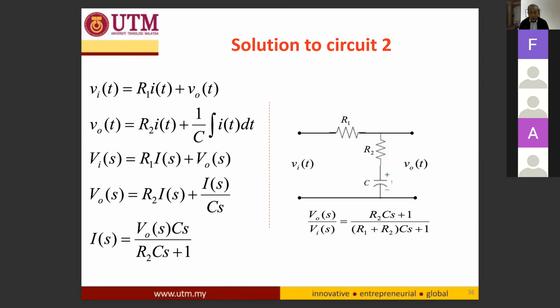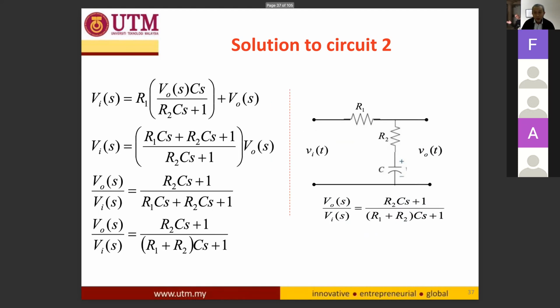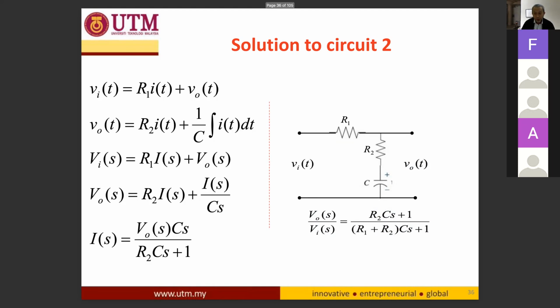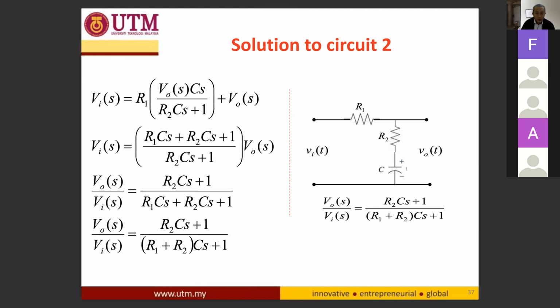So we obtain V0 over Vi equal to R2 CS plus 1 over R1 plus R2 multiplied by CS plus 1. So that is the transfer function for circuit number 2. This one is another method, directly without using the time domain.